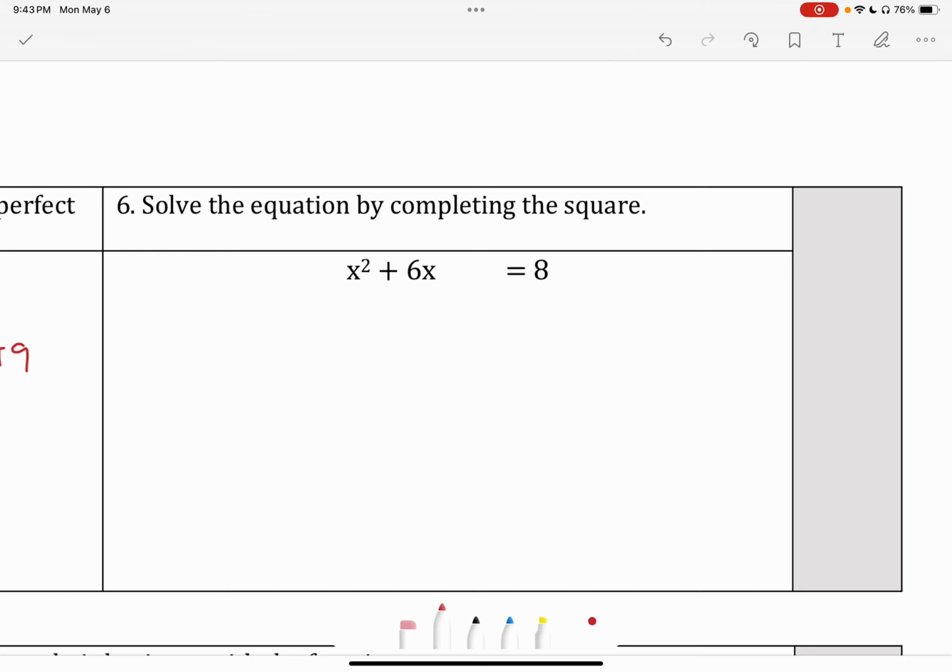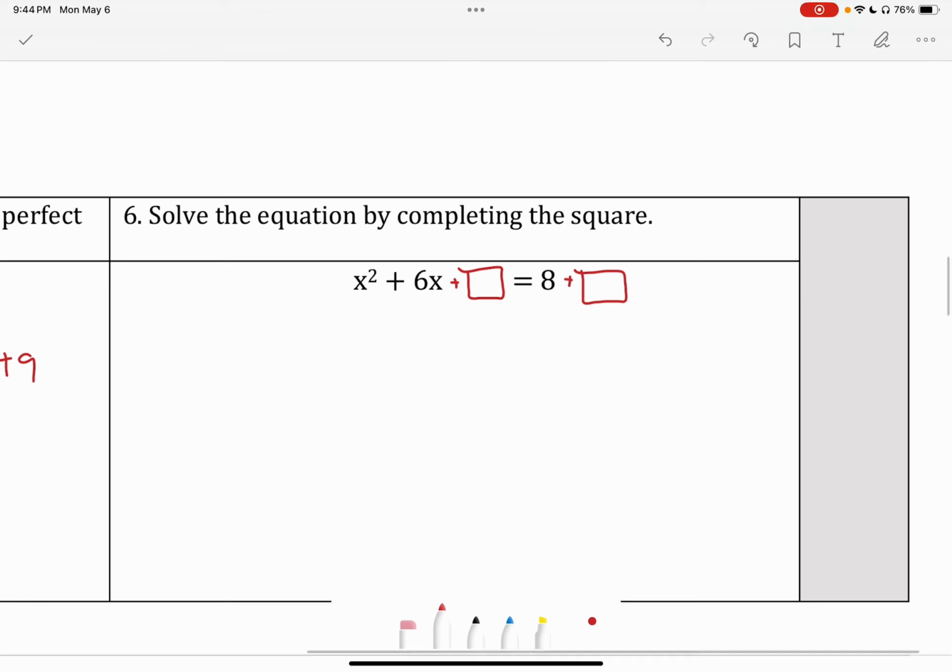First thing we need to do is figure out what number goes here. That's the value that would complete the square, the c value. So we'll do 6 divided by 2 and square it, which is 3 squared, which is 9. So that value goes in there, which gives us x squared plus 6x plus 9 equals 17.